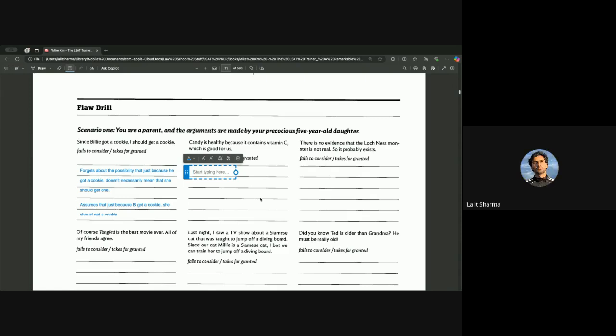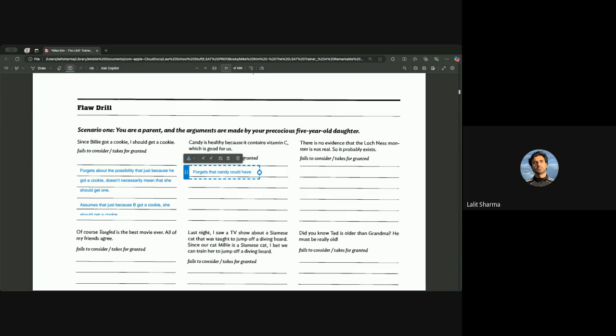So this one: candy is healthy because it has vitamin C. How would you point out the flaw in this one? It forgets that candy could also have other risk factors that are proven to be not healthy.